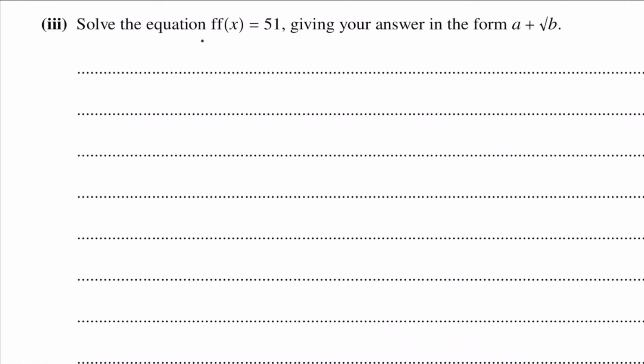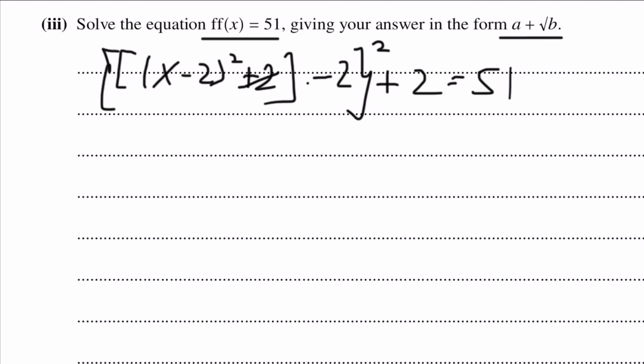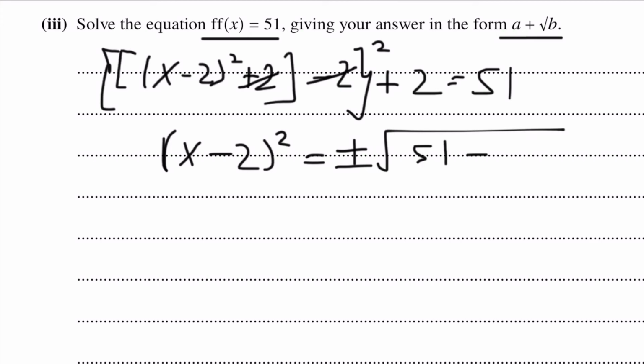Solve the equation ff is equal to 51, giving your answer in the form of a plus the square root of b. So write the equation. You can just equate this, so it will be 0. And you will have x minus 2 squared is equal to plus or minus the square root of 51 minus 2.